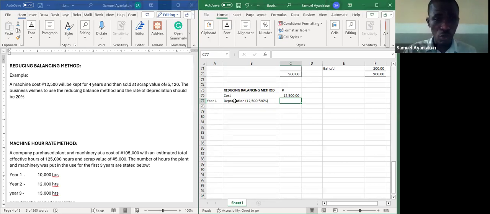For those who want to know how to use Excel, what we just have to do is press equals, then 12,500 times 20%. You get your percentage, you get the amount. So that's 2,500. 20% of 12,500 is 2,500.